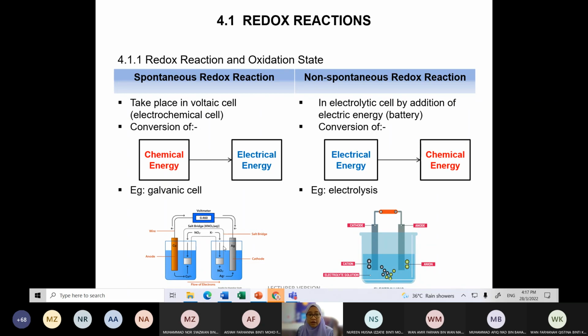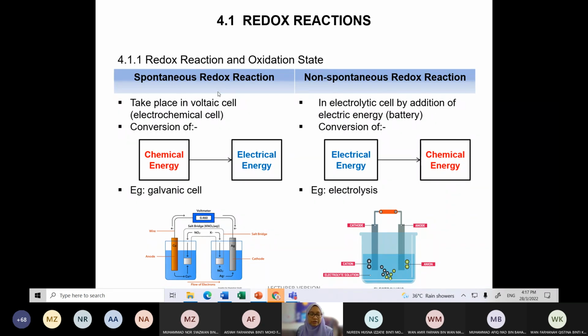As you can see, we don't have any battery. Tak perlu, we don't need any battery. We just need the cells, the substances that need to reduce and oxidize. So we have copper and silver here. The electron will be transferred because this is based on redox.